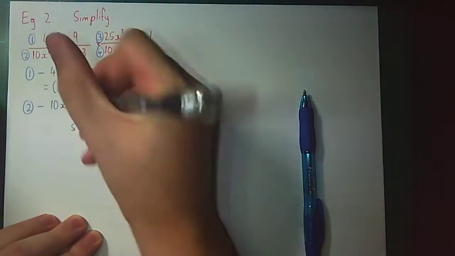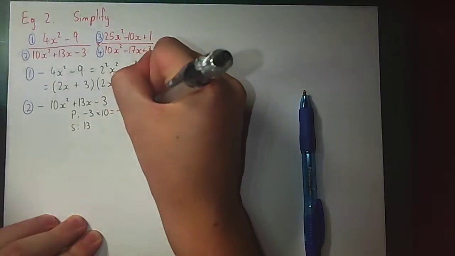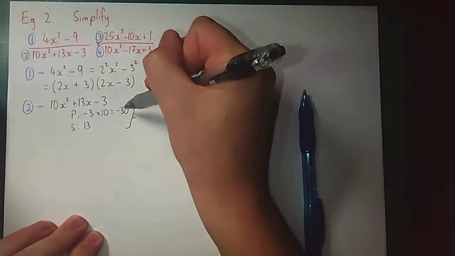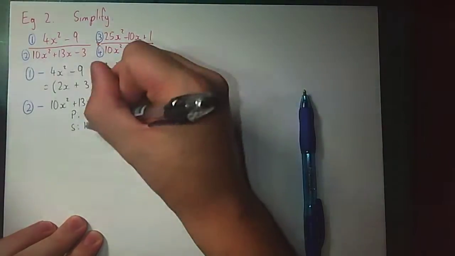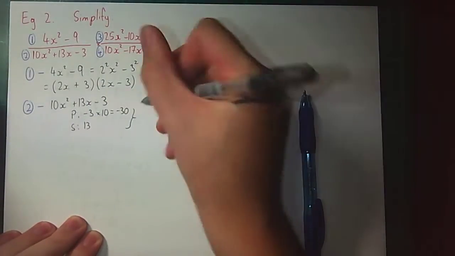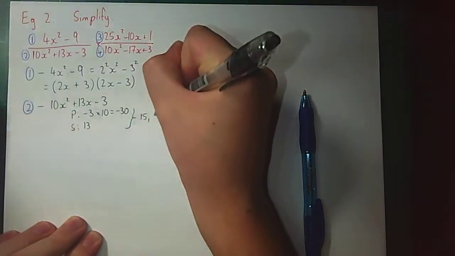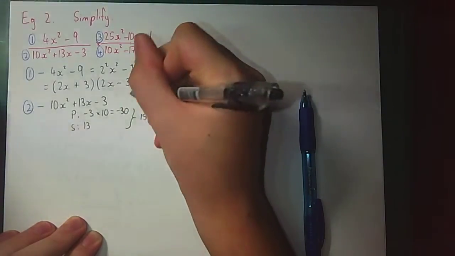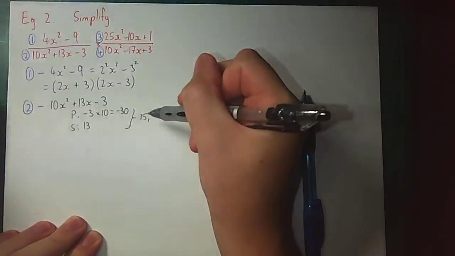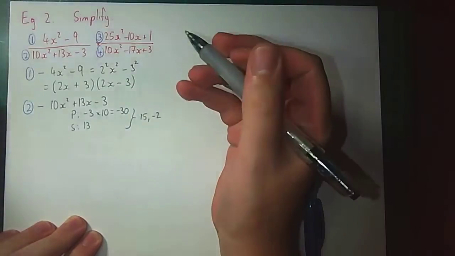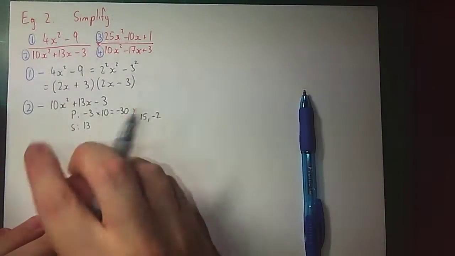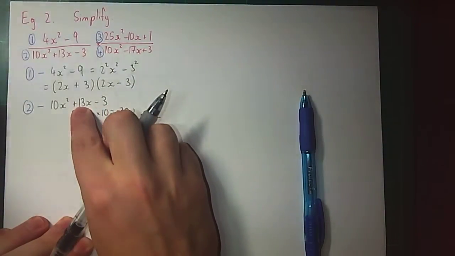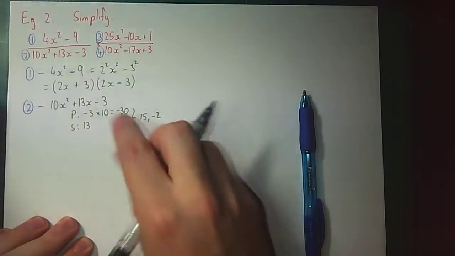And then the sum is going to be positive 13. So we need to find 2 numbers that multiply to give negative 30, but add to give 13. In this case, it's 15 and negative 2, because 15 times negative 2 is negative 30, and 15 plus negative 2 is 13. So once again, we're going to split positive 13x up into these two.